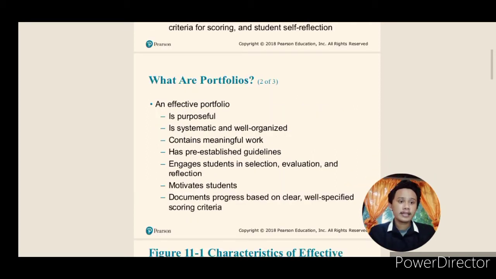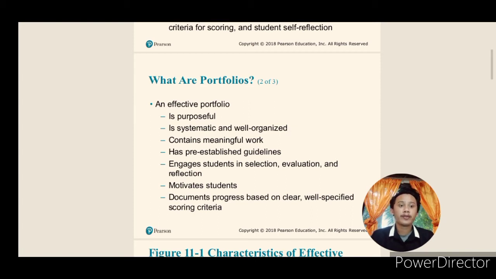Okay, so there are a lot of things for us to identify if the portfolio is effective. An effective portfolio is purposeful. Of course, in making a portfolio, it should have a purpose: why you are making such a thing, or why you let the students do a portfolio. It's systematic and well organized, contains meaningful work, has pre-established guidelines, and engages students in selection, evaluation, and reflection.